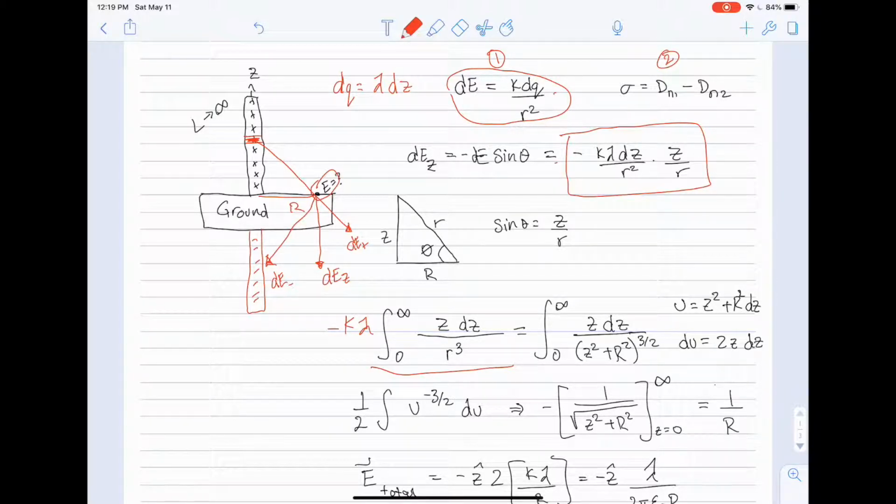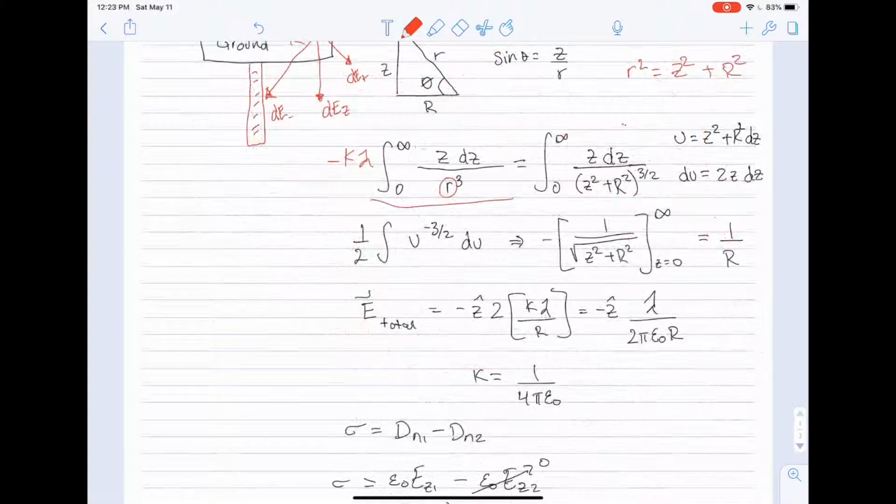So from there, what I did is I wrote the r with respect to z and big R, and that's just using the Pythagorean theorem, which is going to be r squared equals z squared plus big R squared. With that, I plugged the r squared in there, giving me this integral.